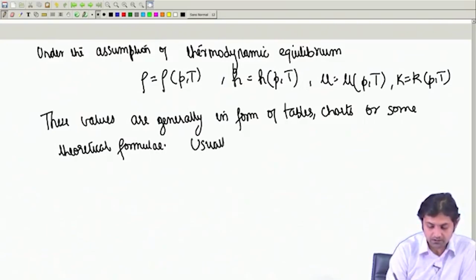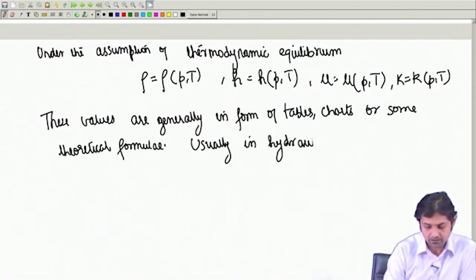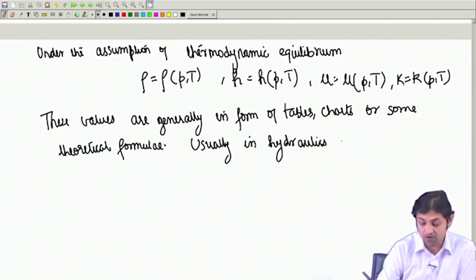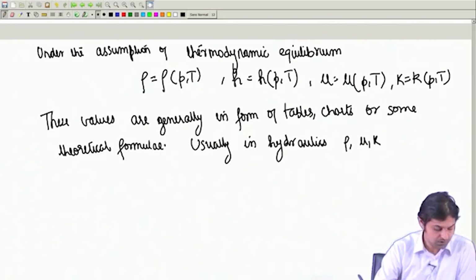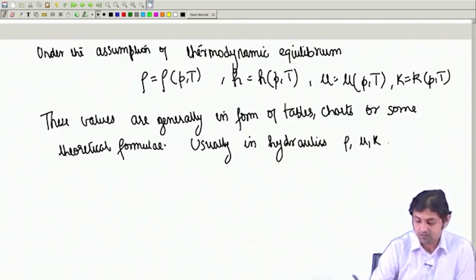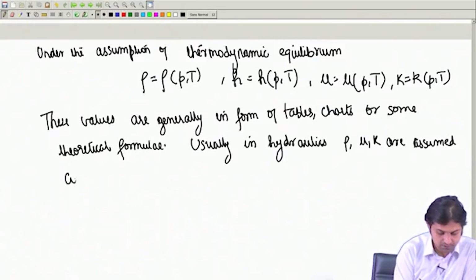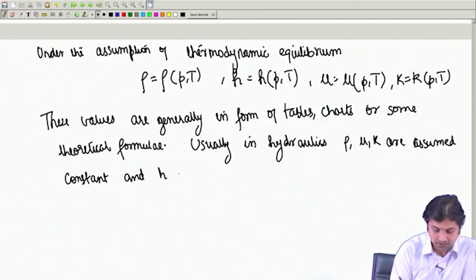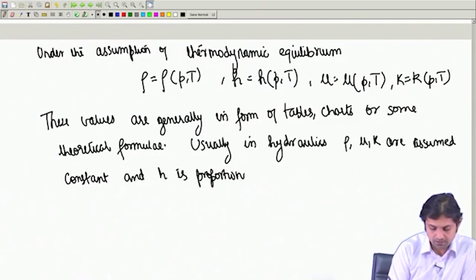Usually in hydraulics, for our purposes, rho, mu, K are assumed constant and H is proportional to temperature.